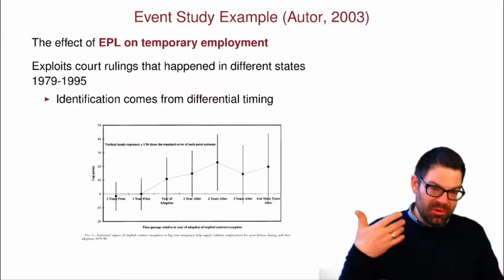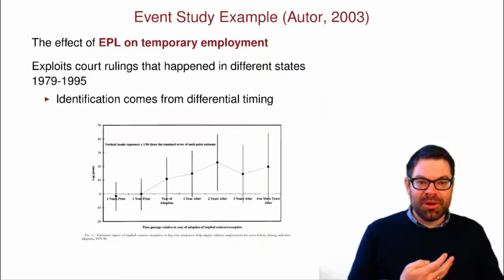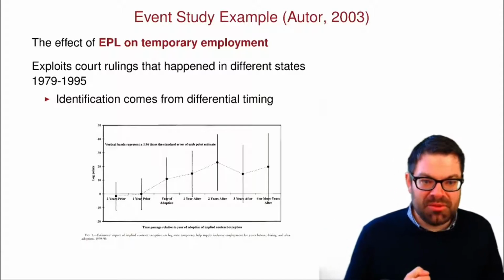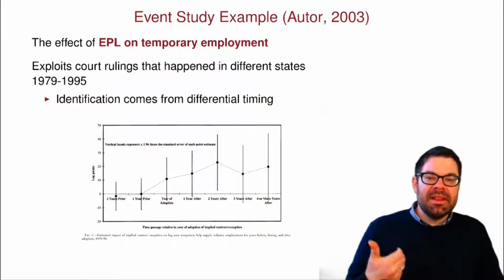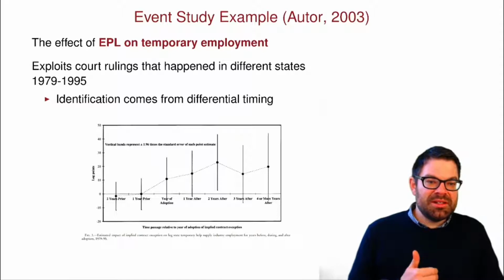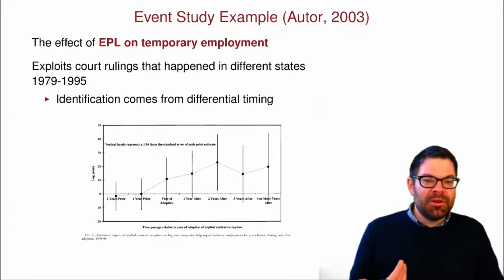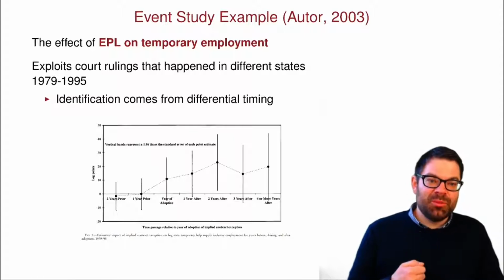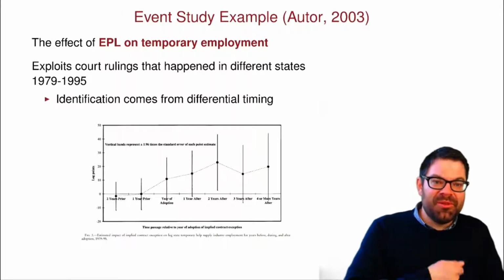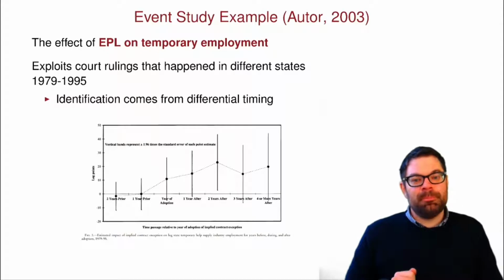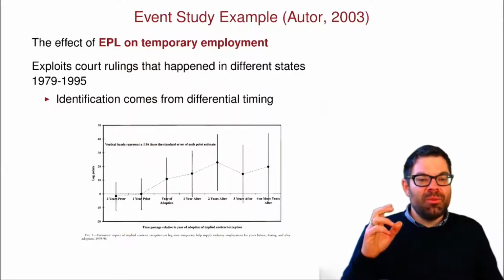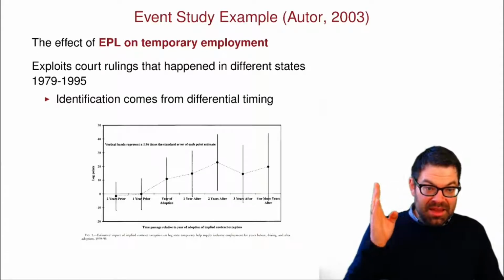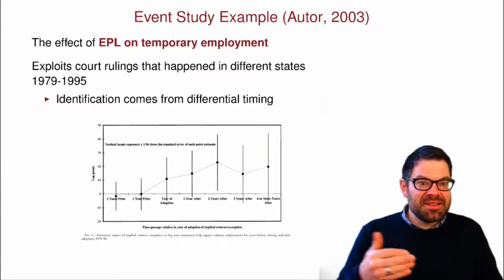And so temporary employment, especially of workers who work for temporary work agencies. That's obviously an important policy question in labor economics: if you have strict employment protection legislation, does that encourage firms to use more agency workers, because hiring someone is quite expensive when it will be very expensive to fire them eventually? And what he does there is he looks at court rulings in the United States, in different states at different times.